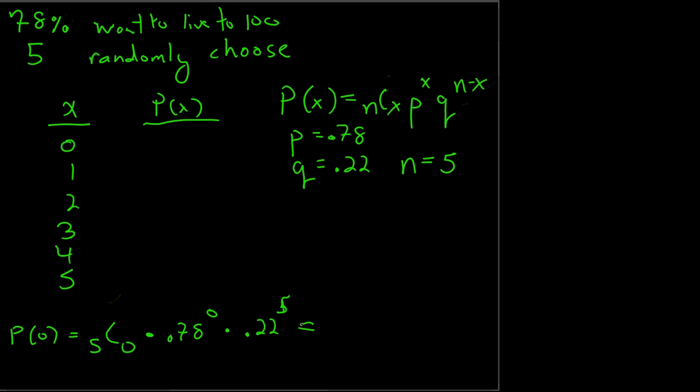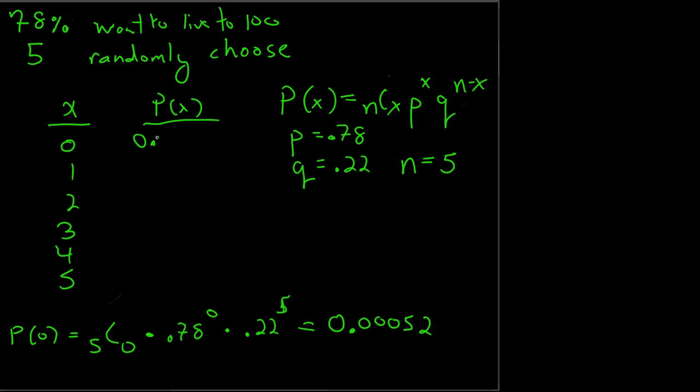So I'm going to just type in the numbers. So 5, my probability key, choose nCr, 0 times 0.78 to the 0 times 0.22 to the 5th, and I get a probability of 0.000, and they want 5 decimal places, so there's my 4th decimal place.